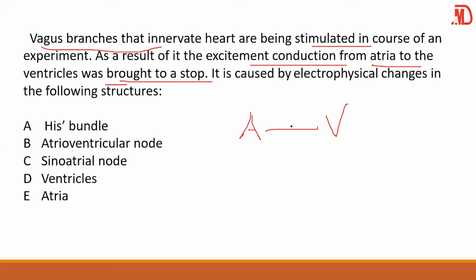It is the AV node that transfers impulses from the atrium to the ventricles. So when that place is brought to a stop, it means there is a problem with the AV node. So here you are dealing with the AV node, or atrioventricular node.